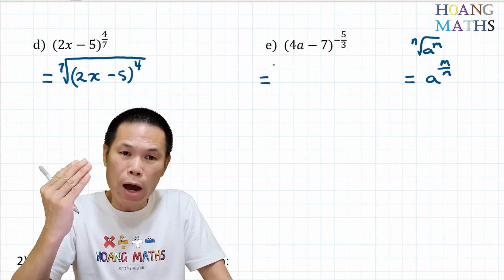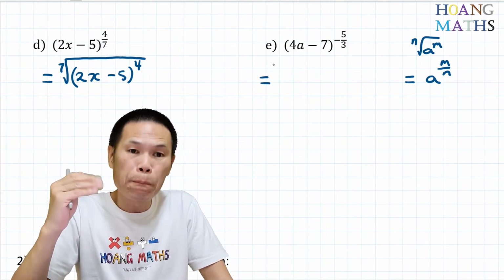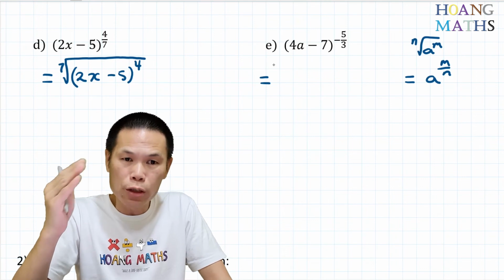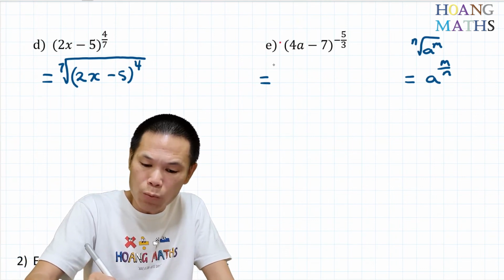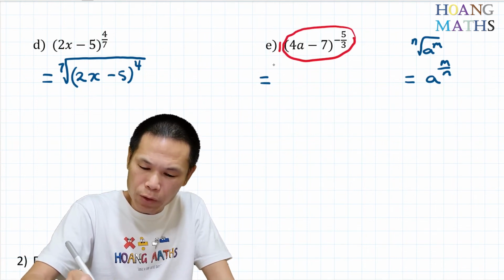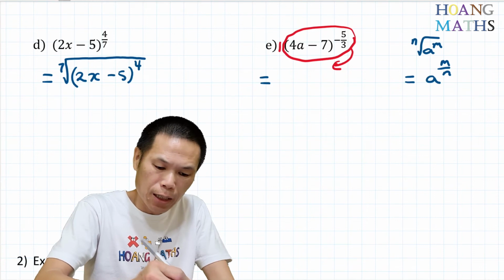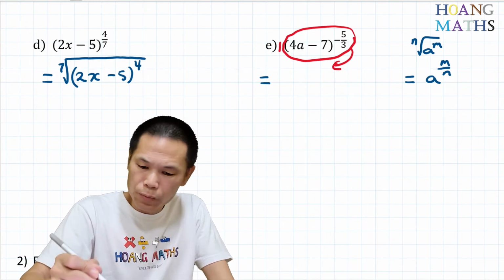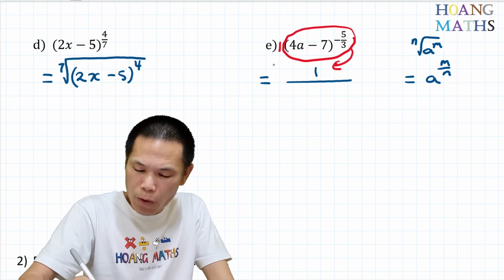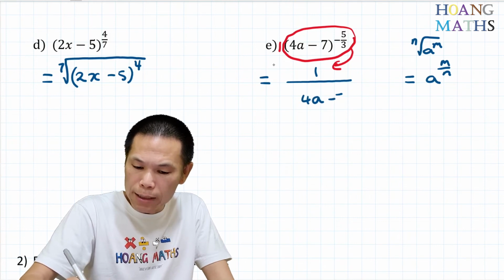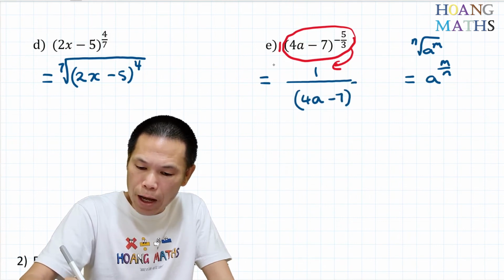And this one here, part E. Step number 1, we need to convert that into a positive index first. So we need to bring it down. No coefficient in front of the brackets means 1, and then we bring this down so it becomes a positive index. That will give me 1 over (4i minus 7) power of 5 over 3.